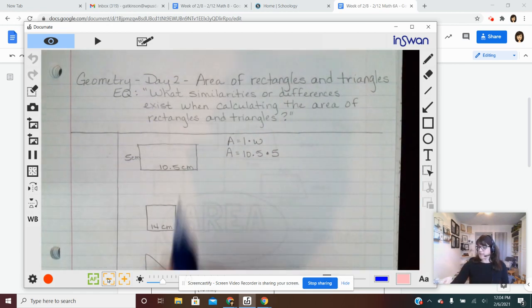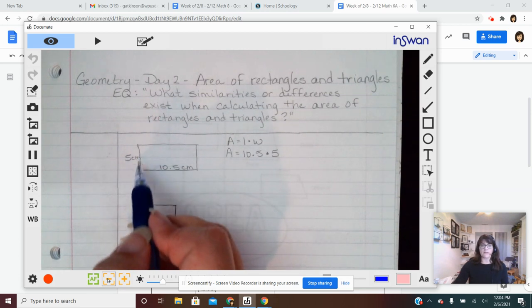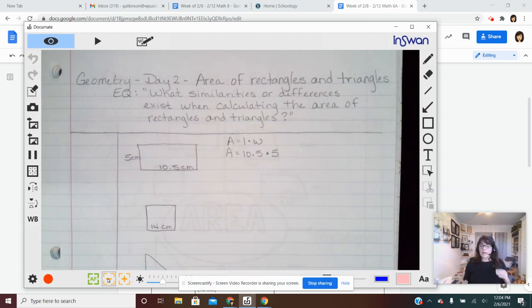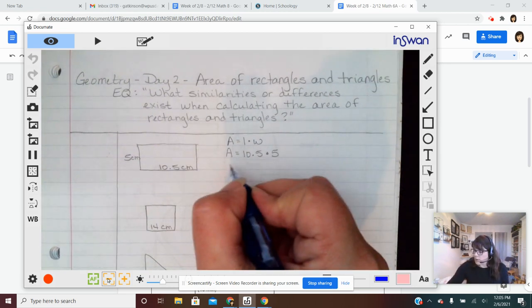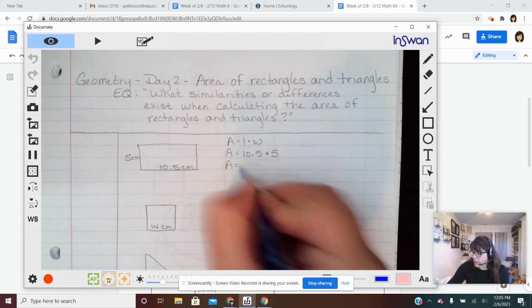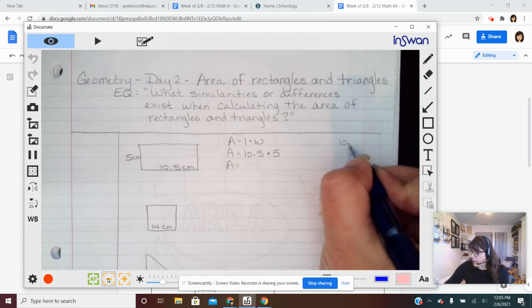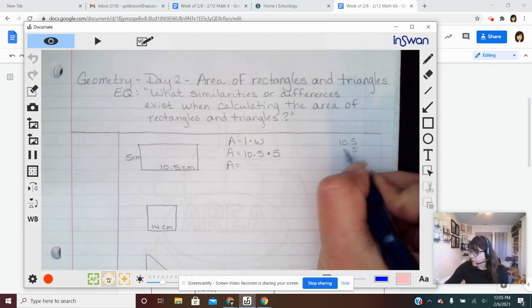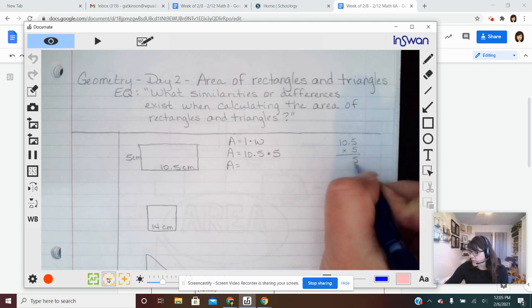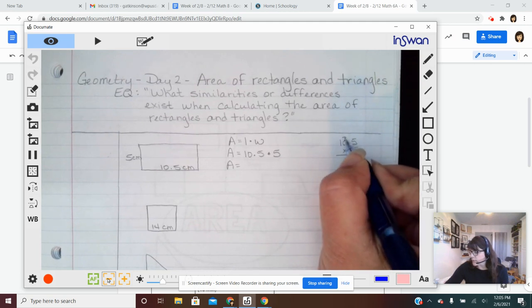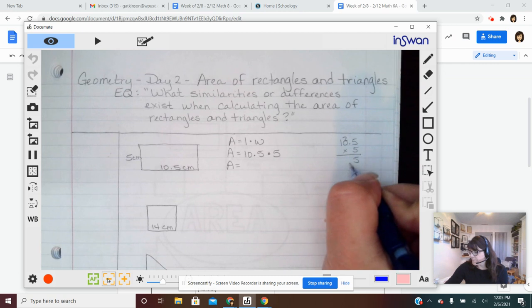Now, you might say that this is the width and this is the length. That's okay. Because of commutative property of multiplication, we can multiply it in any order we want to. Now, I like to do my work kind of over here on the side. You can do what you need to do.